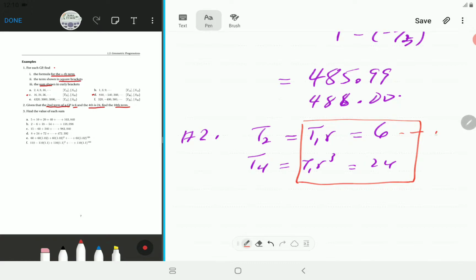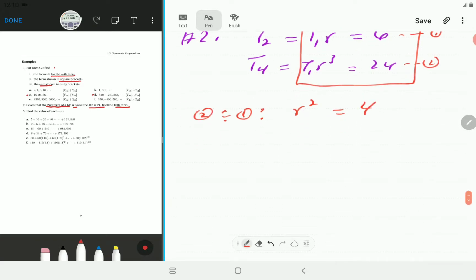So if we call this one equation number 1, this one equation number 2, if we do 2 divided by 1, then on the left hand side we only have R squared. 24 divided by 6 is 4. So from that it tells us that R is either 2 or minus 2.